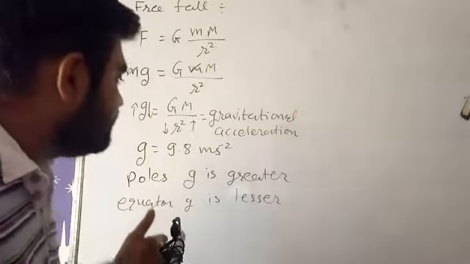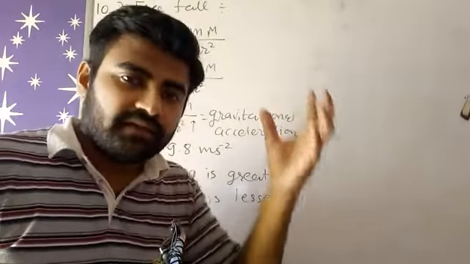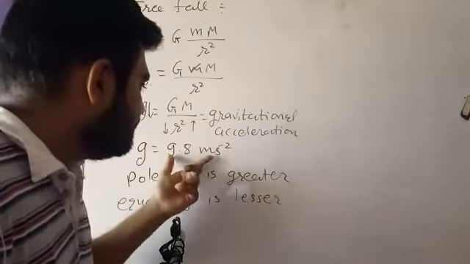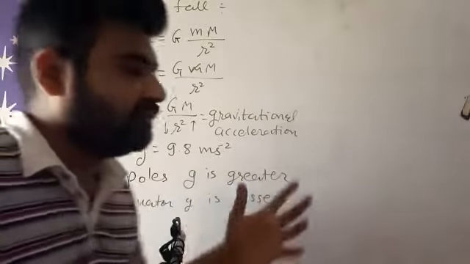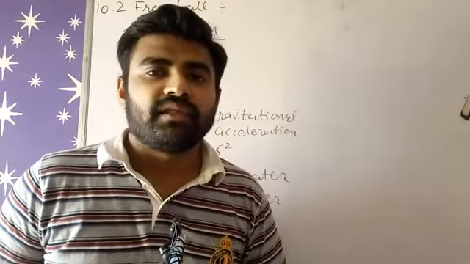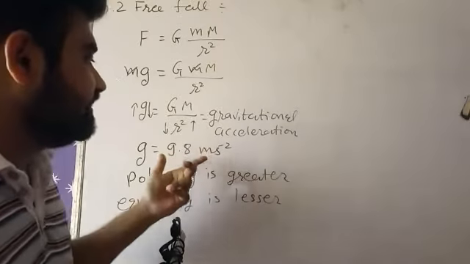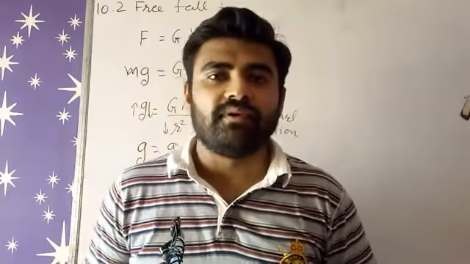So continuously, whatever object is freely falling, its velocity increases by this value, and that is our gravitational acceleration, which always remains constant. So this is because of the earth, and this gravitational acceleration is towards the earth's center. So that is our topic, free fall.